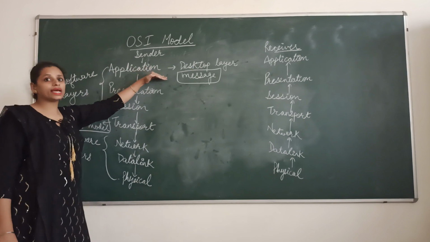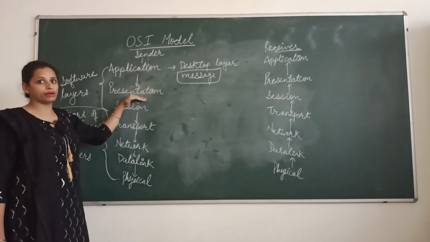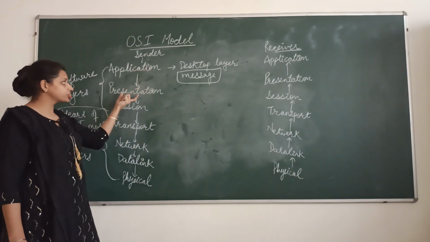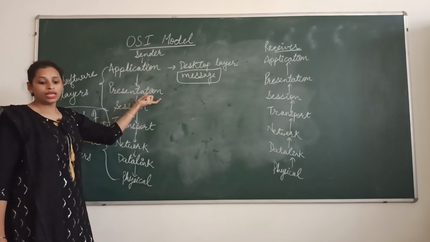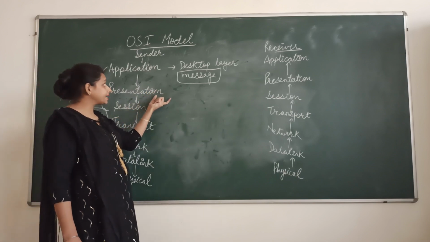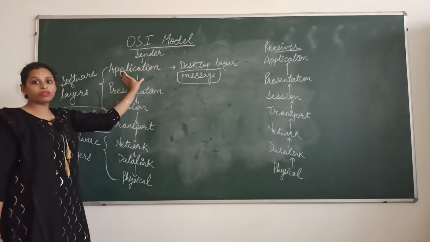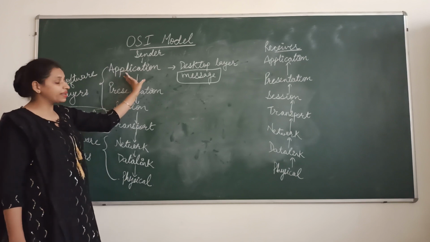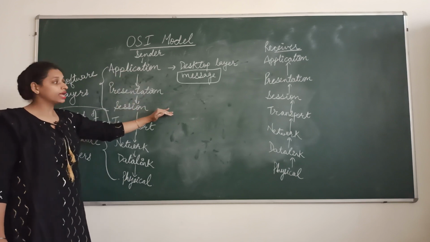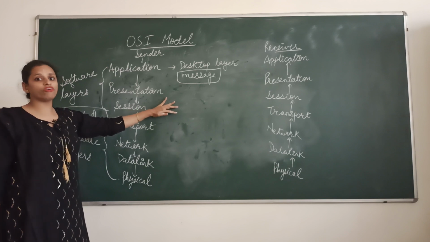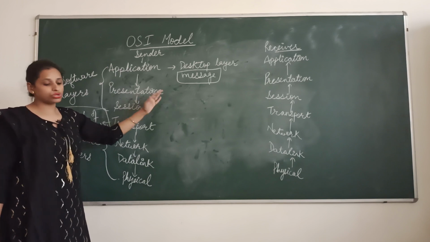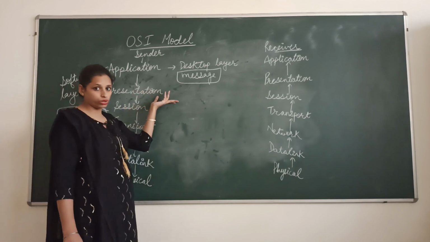Then when this data is passed to presentation layer, the function of presentation layer is that the data that is passed by application layer is extracted as per required format to transfer over the network.